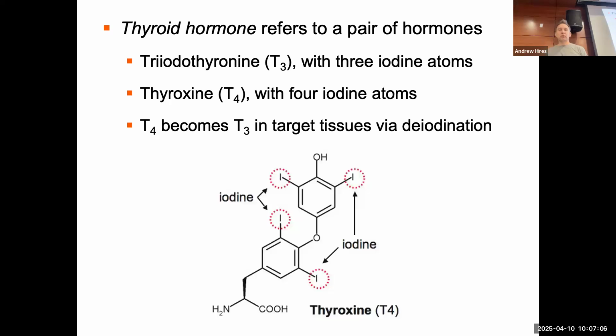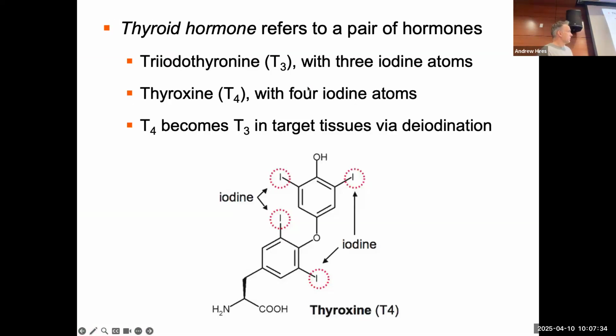They both get released into the blood, but when they're taken up into the target tissues, there are deiodinases, enzymes that cut off some of these iodines, and the conversion from T4 to a T3 form makes it a much more effective transcription factor, with about 10 times bigger impact on gene expression.